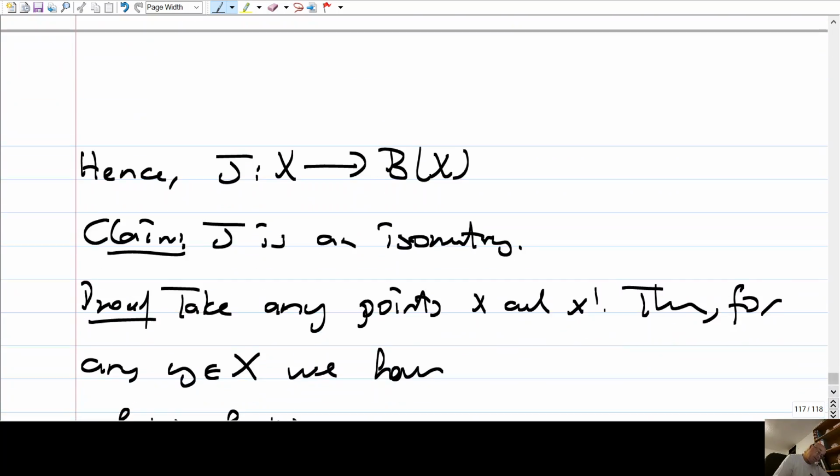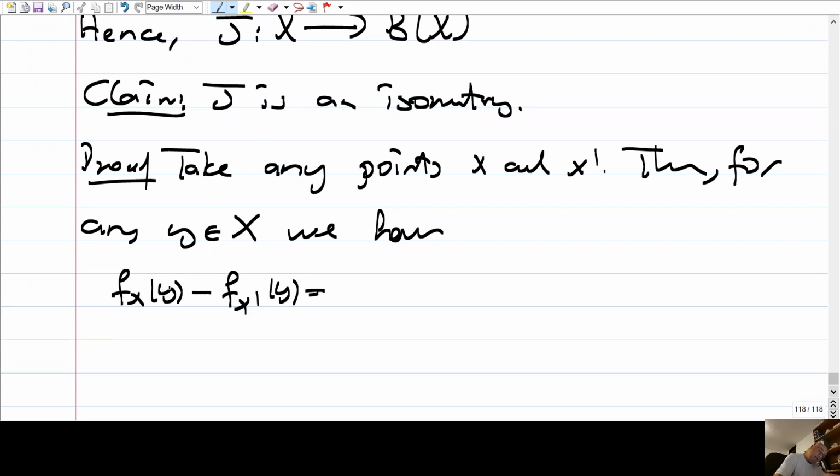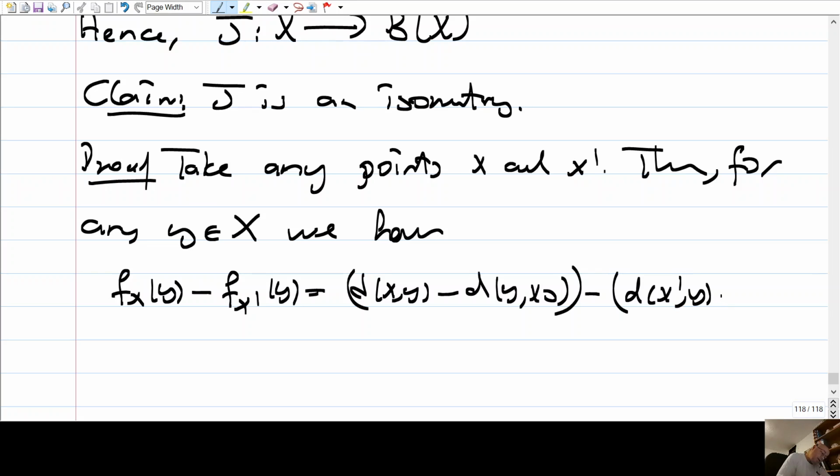So what is this then? This thing is just d(x,y) minus d(y,x0), and I subtract from this d(x prime,y) minus d(y,x0).